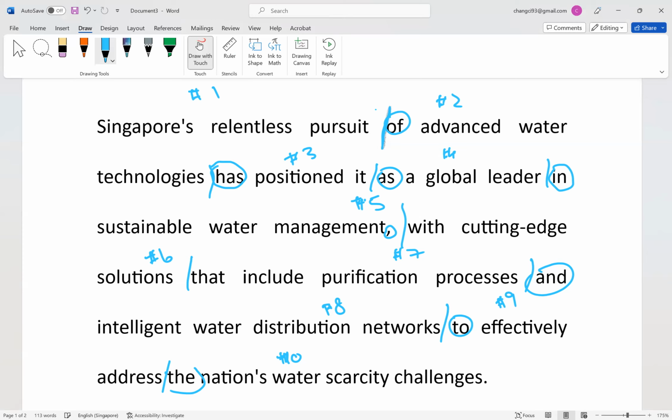And by extension, AQ, because AQ obviously requires you guys to know how to address the author's points, right? And apply it to the context of Singapore. But again, we are not talking about AQ here. We are focusing on paraphrasing.